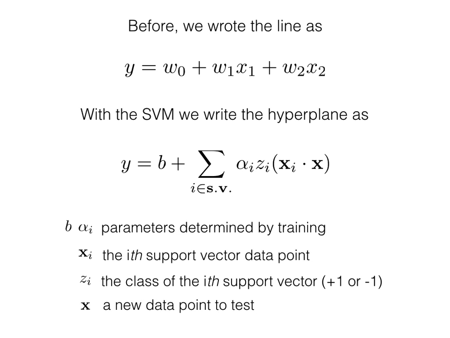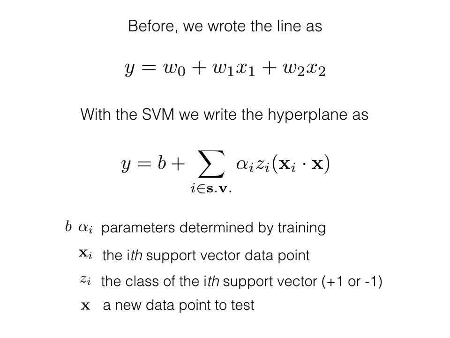We multiply by alpha i, a parameter associated with the data point i, support vector i, and the learning algorithm needs to find that. zi is the class, so that's either +1 or -1.